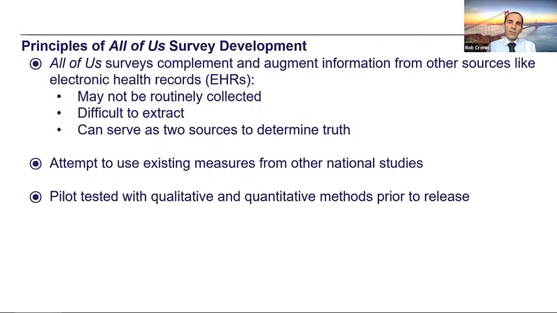Before the questions are put out into the actual All of Us research program, we'll do some extra pilot testing, having folks go through the questions and read the questions and think through something we call cognitive testing around the question, so we can make sure that in the various populations, the underrepresented in biomedical research, the surveys get the information that we would expect them to get.